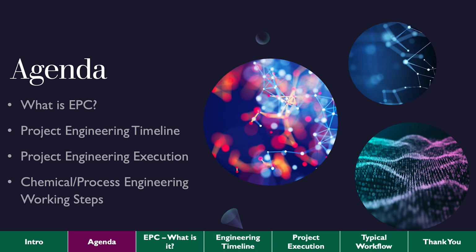That will be followed by the stakeholders in that project execution umbrella: how individuals from different degrees, backgrounds, and even different engineering disciplines interact with one another, and what the sequence of that workflow is. Finally, at the most granular part for chemical engineers, we will touch on the role of the chemical engineering discipline in that workflow, what the process engineering deliverables are, and what the natural order of those deliverables is.